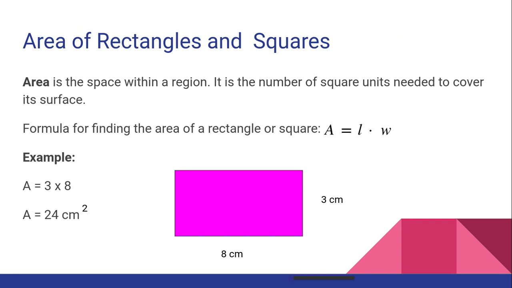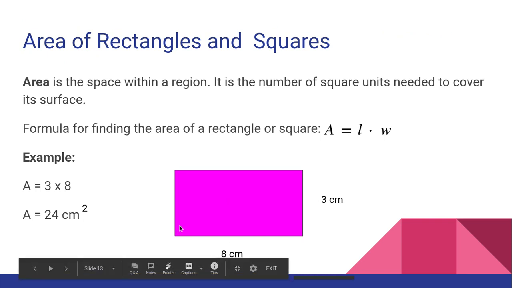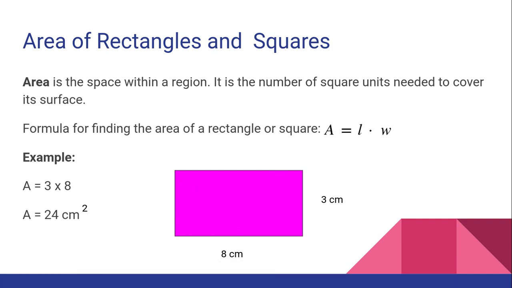All right, first thing we're going to talk about, I hope this is review for you, is area of rectangles and squares. So area is the space within a region. When we talk about area, we're talking about the whole entire purple or pink space here in our rectangle. And it's measured in square units.